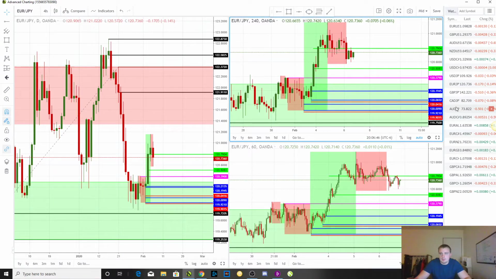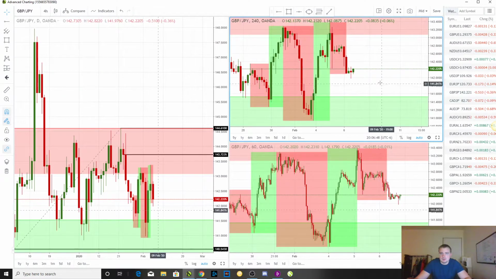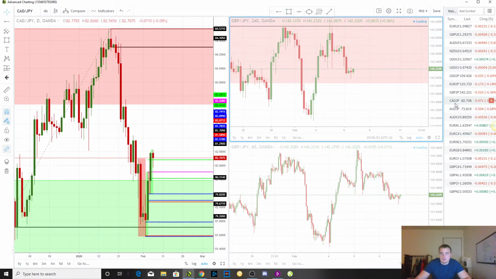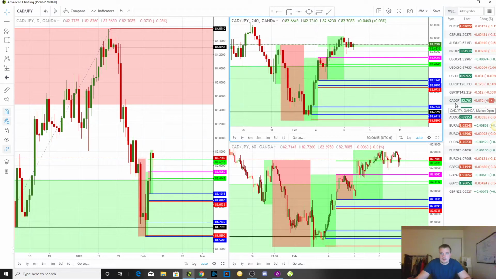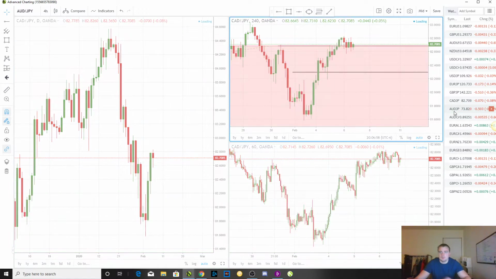I didn't see that before when I went through and made the trades, set stuff up. So pound yen is just kind of figuring out what it wants to do. CAD yen, got these trades set up. We already went over that.